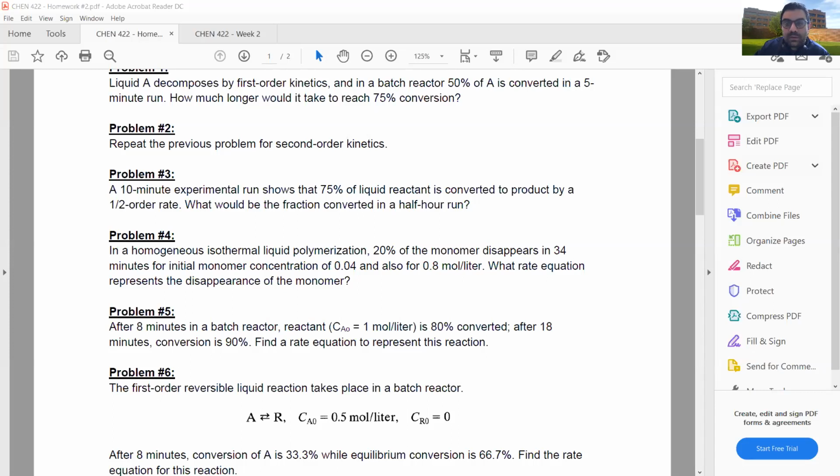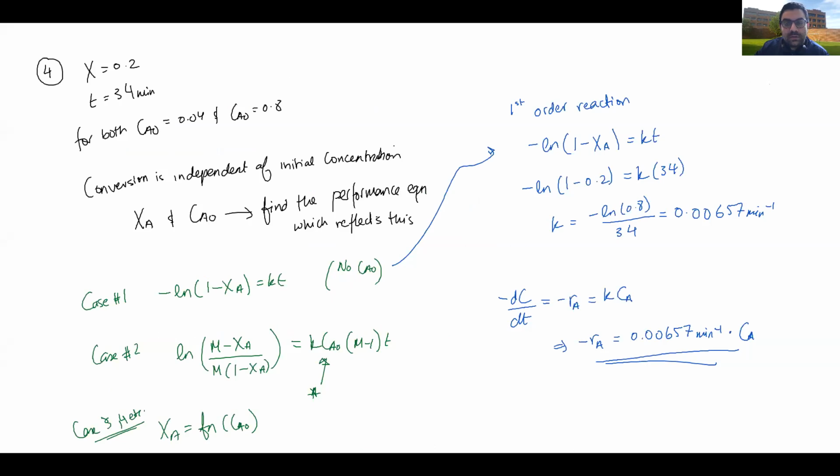Let me save this. Let's clear and let's start. So we're talking about problem number 5. What's the situation in this case?